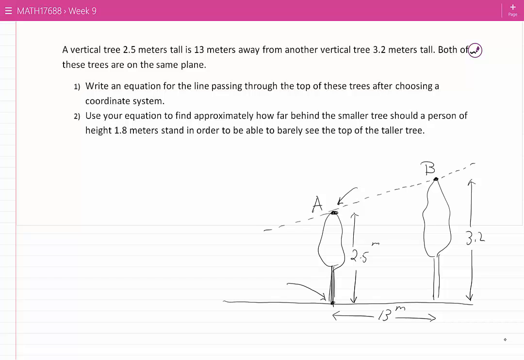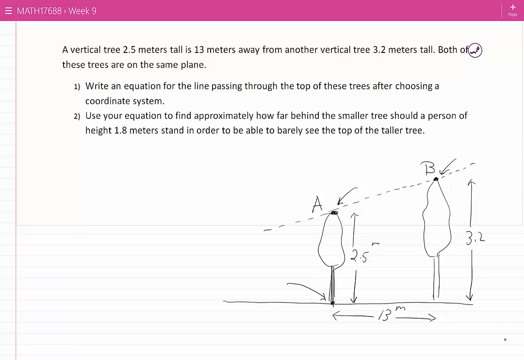Both of these choices are as correct. I can also choose the top of the taller tree, point B, to be the center of the coordinate system, with the horizontal axis to be the x-axis and the vertical axis to be the y-axis.